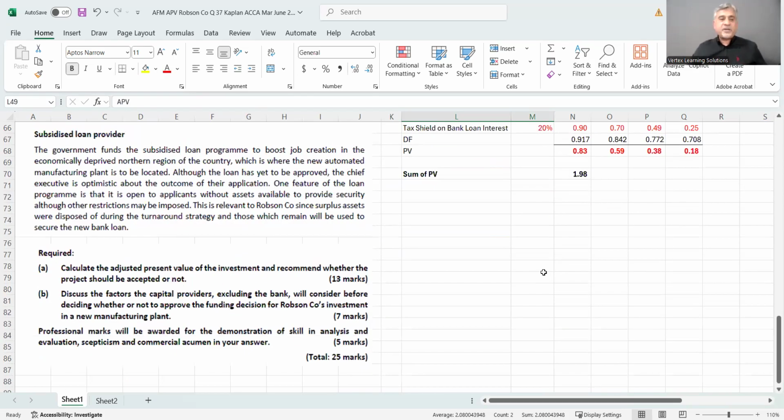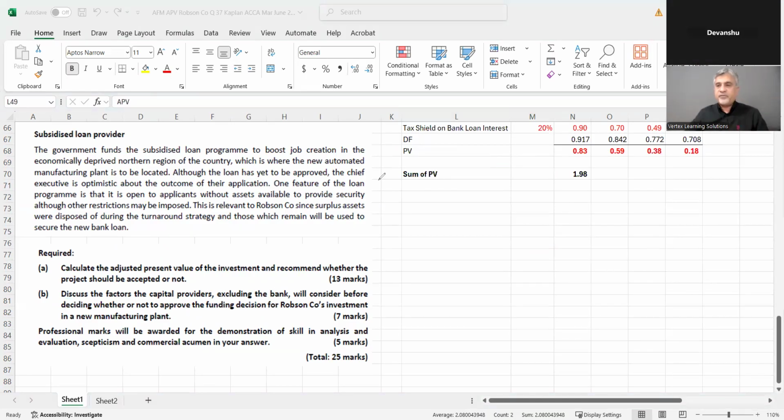Now it says in part B, which is a 7 marks part, discuss the factors the capital providers, excluding the bank, will consider before deciding whether or not to approve the funding decision. So whether or not to approve the funding decision, where are you getting the funding decision?